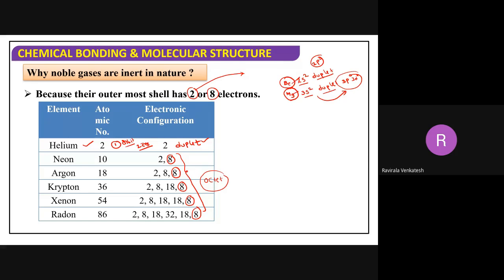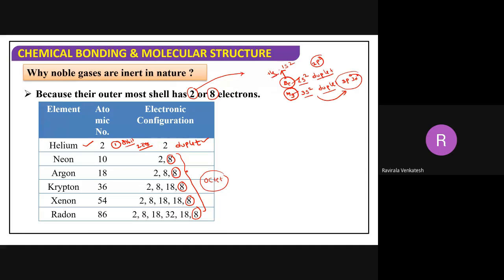So that is the reason. Beryllium, magnesium, even though they have a duplet configuration in their outermost shell, are highly unstable. That is not the main reason, but the main reason is this: when beryllium loses 2 electrons, you are going to get 1s2 configuration. This is helium configuration.